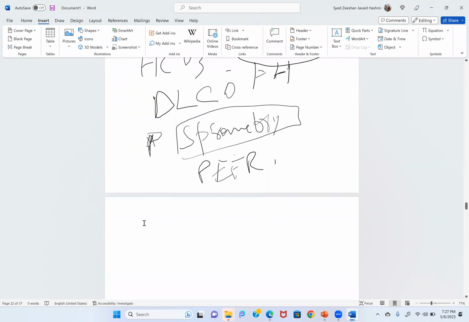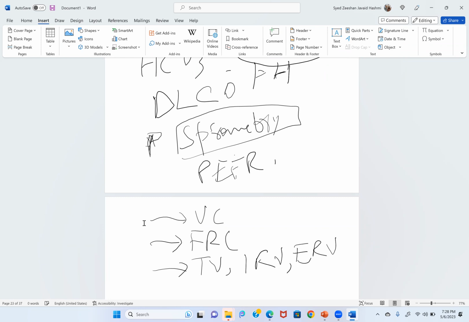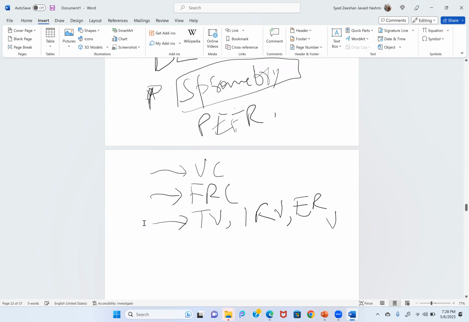So that will be telling you about lung volumes and capacity. So vital capacity and FRC, and like the normal volume, tidal volume, inspiratory reserve volume, expiratory reserve volume. So you will have an idea what sort of pathology the patient has.